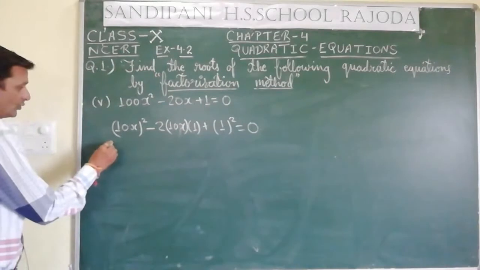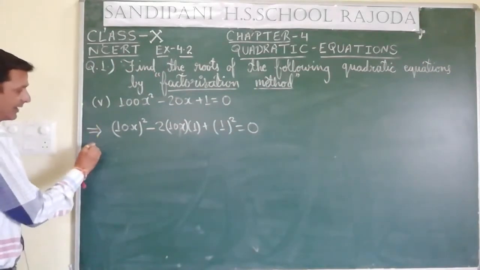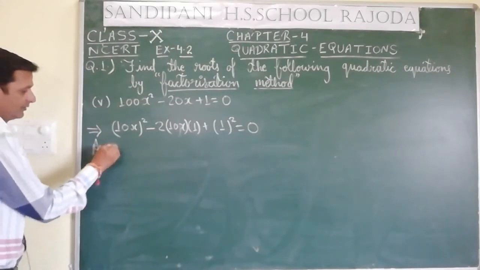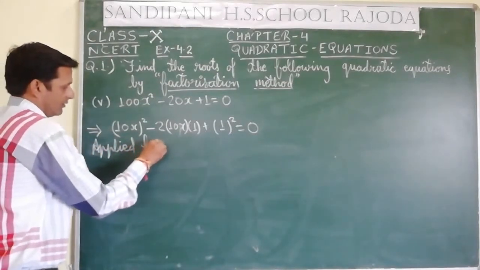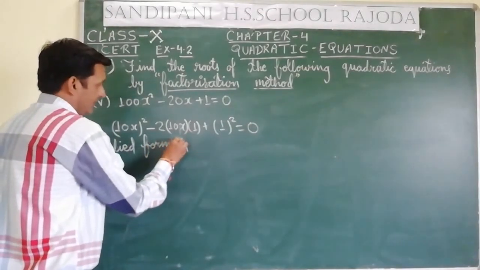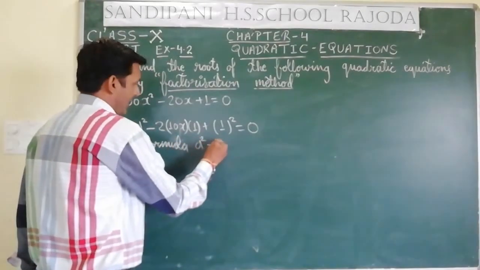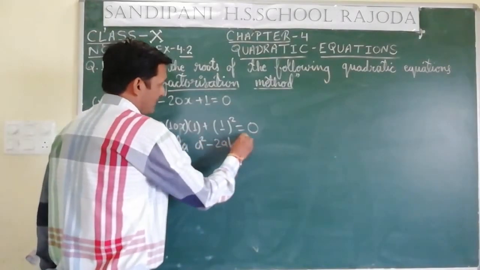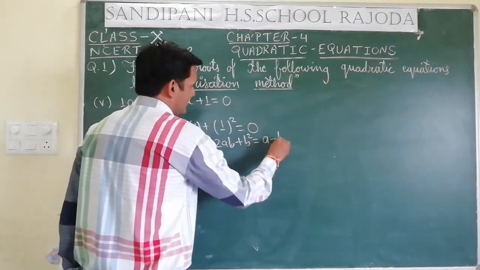You very well know that this applied formula makes our question simple here. The applied formula is a square minus 2ab plus b square, that is equal to a minus b whole square.